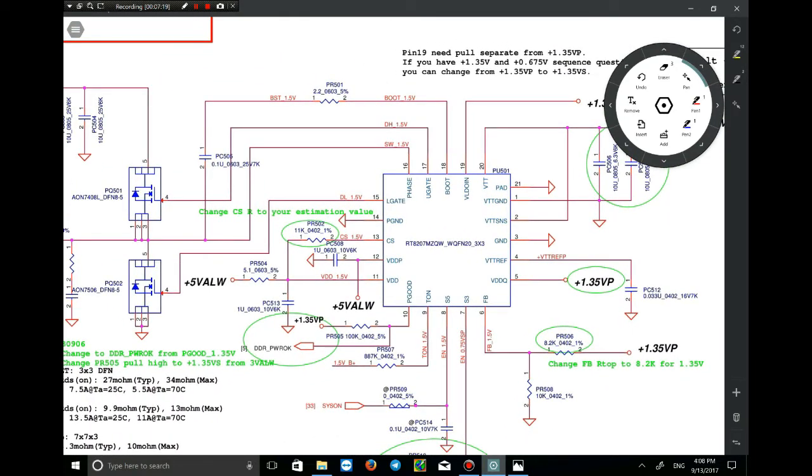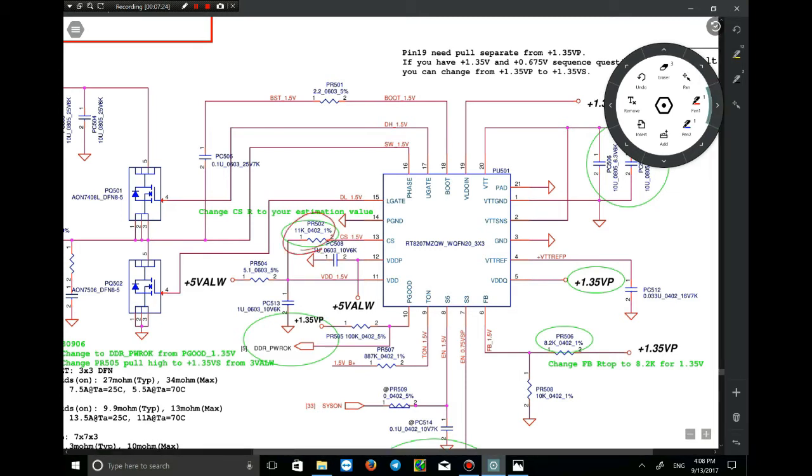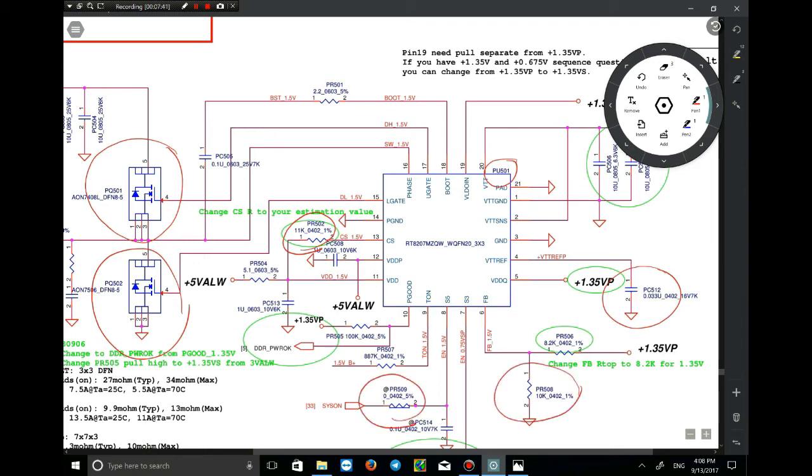You can see codes 500 in here. PR 502, PU 501, PQ 501, PQ 502, PC 512, PR 509, PR 508.